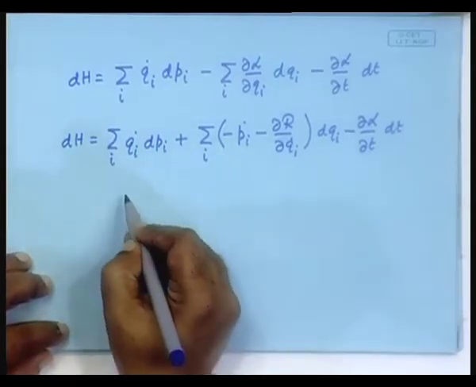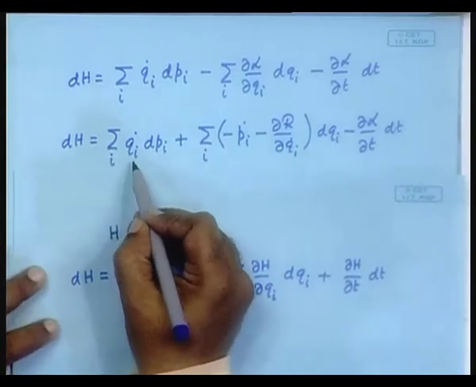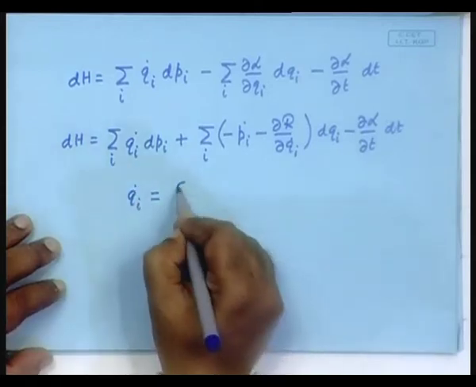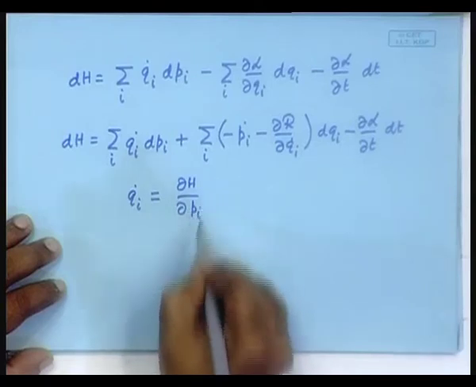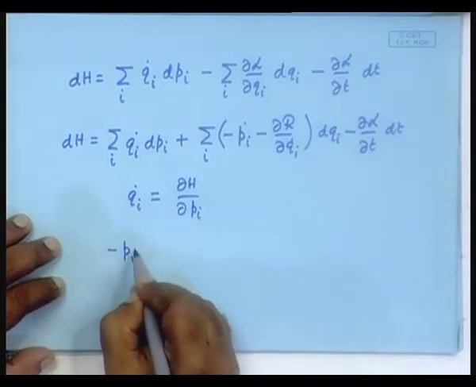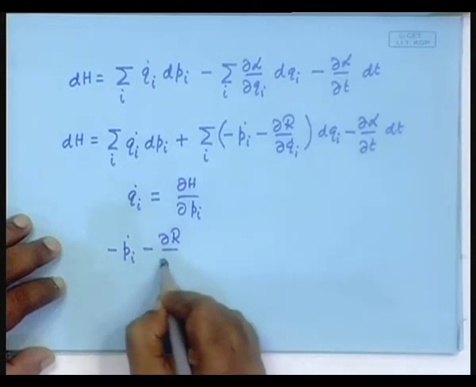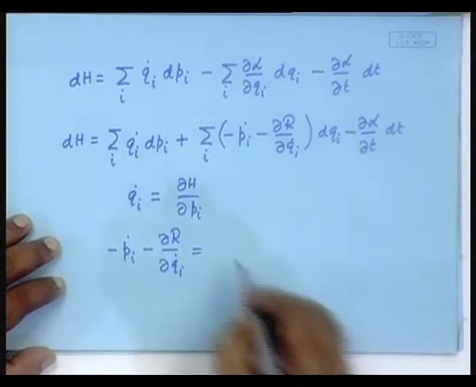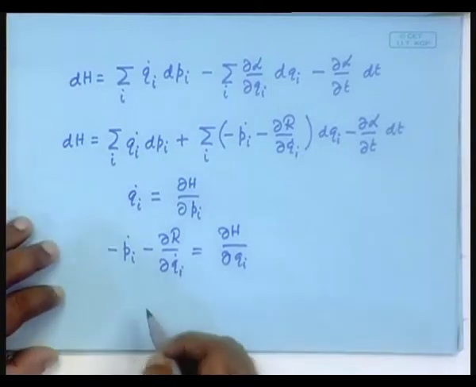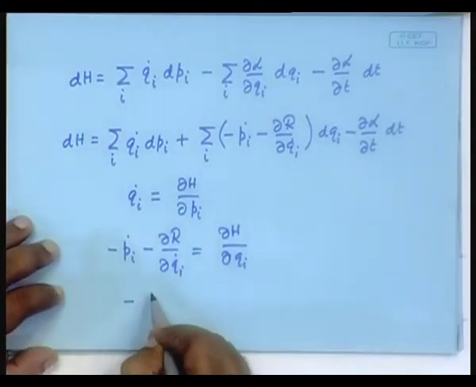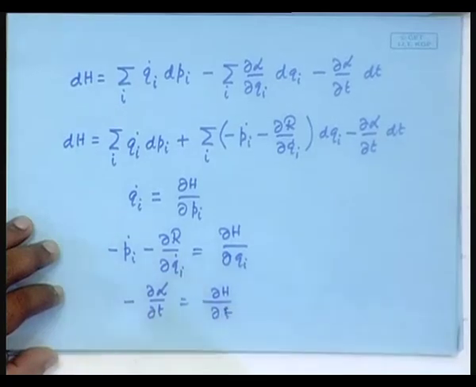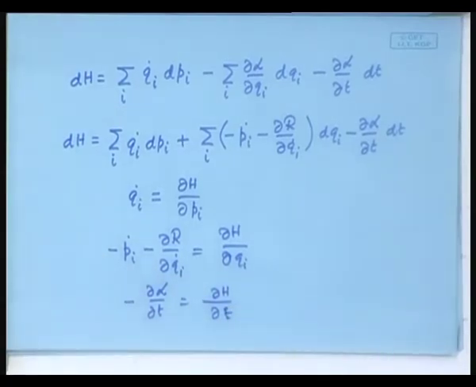The first thing is qi dot will be equal to this, then minus pi dot minus, will be, and, fine.